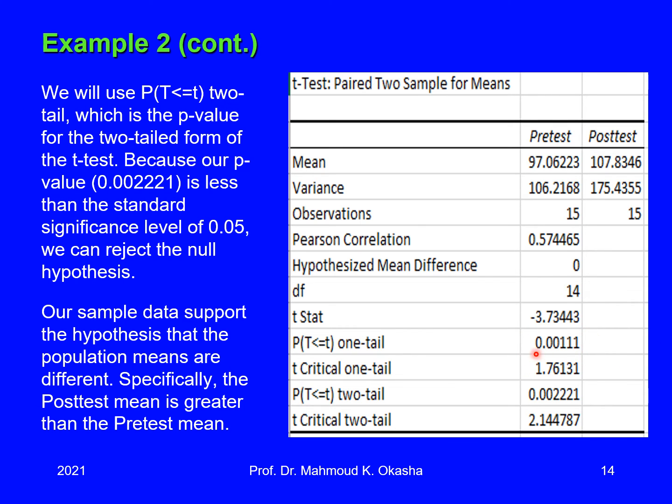This value is so small, much smaller than 5%, which means that we reject the null hypothesis, which says no difference between means, in favor of the alternative hypothesis, which says that the mean of scores before the test is less than the mean of scores after the test.